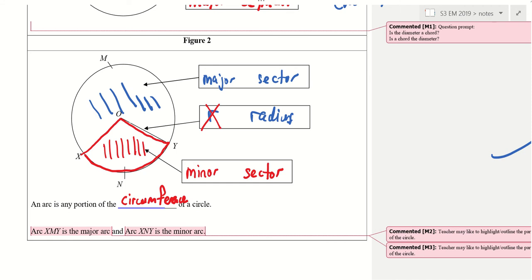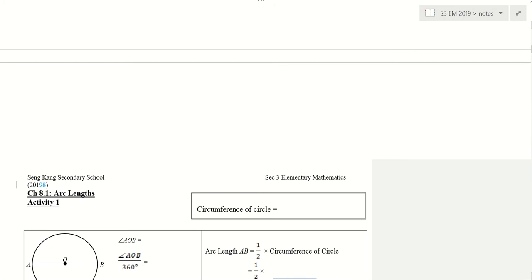So I can say arc XY. So it's referring to this arc. If I want the big arc, it's X and Y, then this is the big arc, major arc. Follow? Are these words on your paper as well? Yes. Okay, so now you understand. Let's go on to the next one.